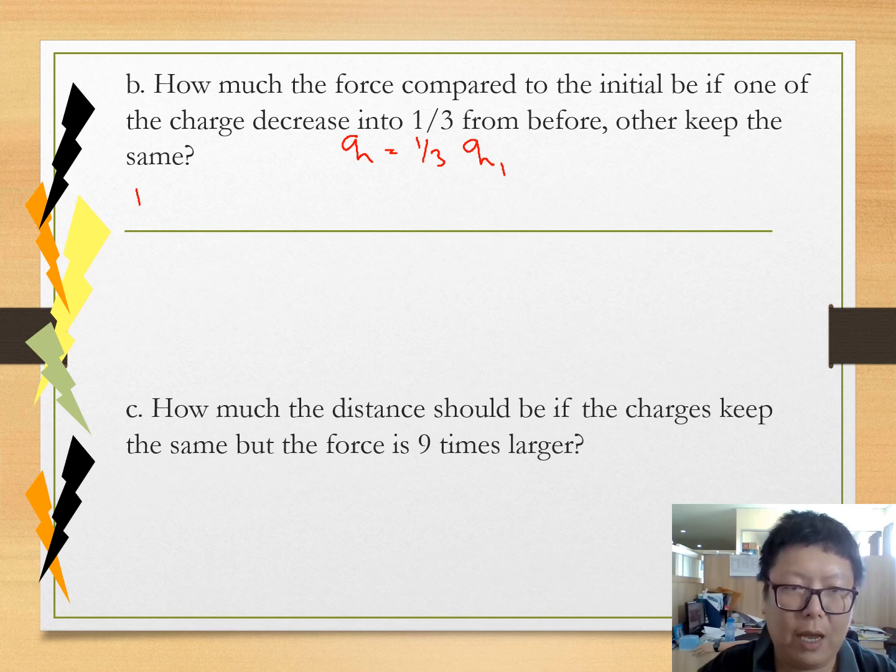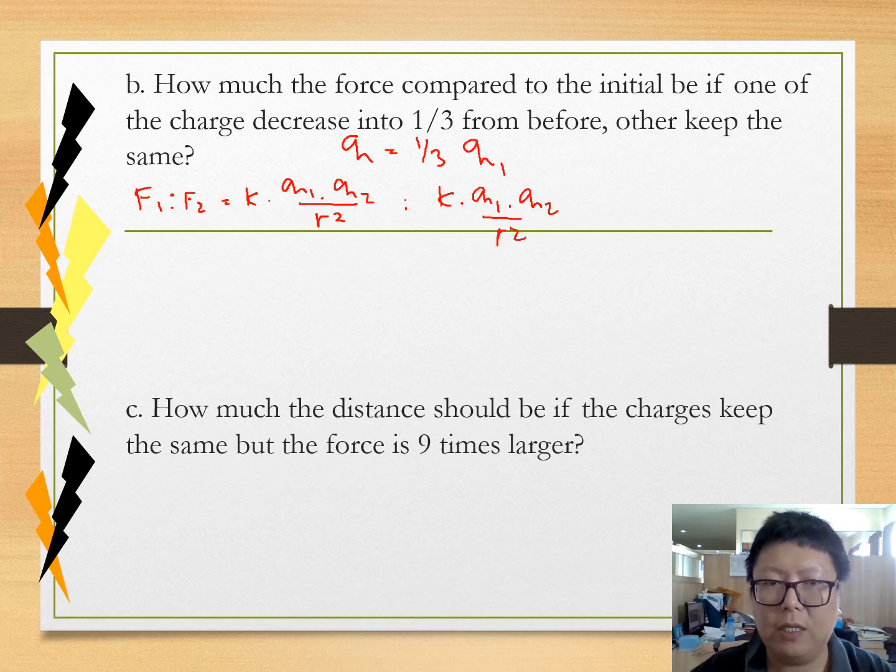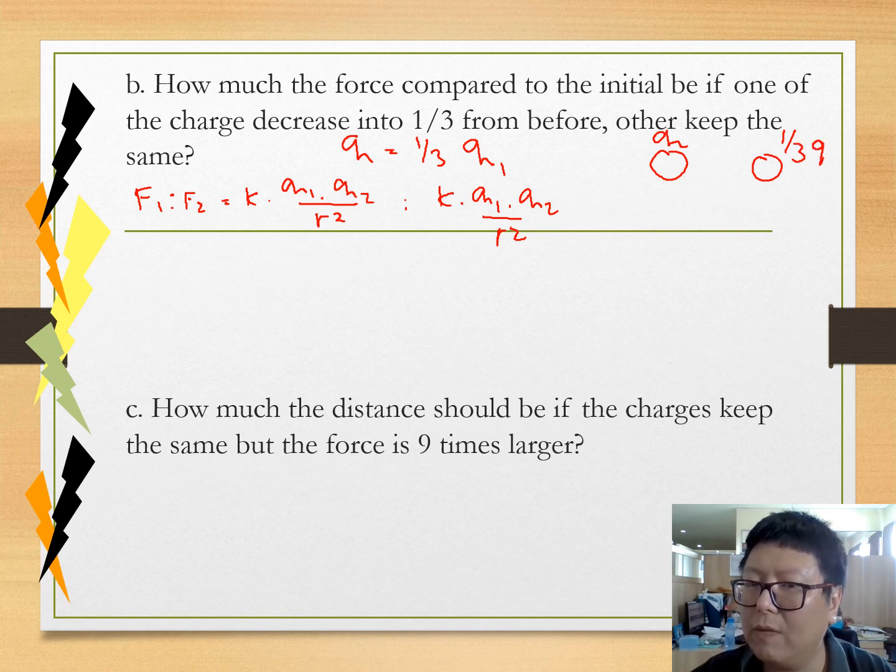So I can use F1 compared to F2 equals K times Q1 times Q2 per R square compared to K times Q1 times Q2 again per R square. And you see in this question, the force is the same, and it asks you for the new force. There are two objects, and this one is still like before; the other Q is 1/3 of the previous one.